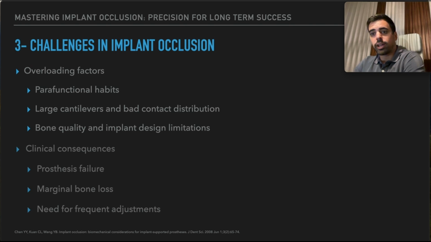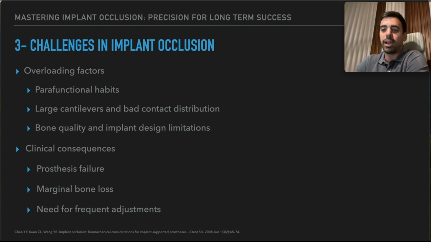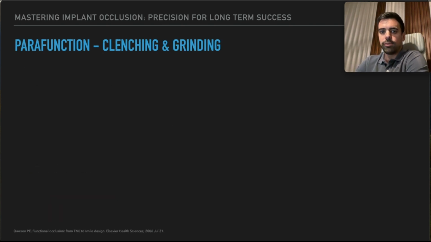And then the clinical consequences, what really is going to affect us as clinicians: the prosthetic failures, like we've seen already, the marginal bone loss that we may have, and then how we're going to deal with that, and the adjustment that we might have to do in those implant crowns.